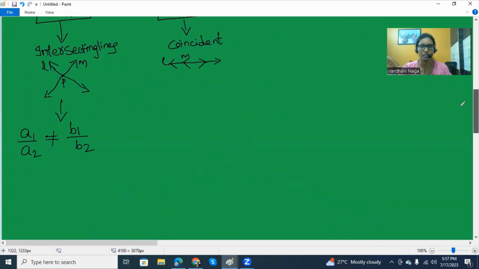So the condition is a1 by a2 not equal to b1 by b2. If the lines are coincident, lying on each other, then the condition is a1 by a2 is equal to b1 by b2 is equal to c1 by c2. Three of them will be equal.